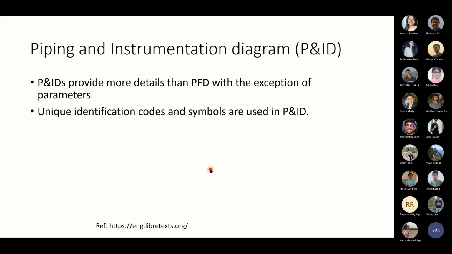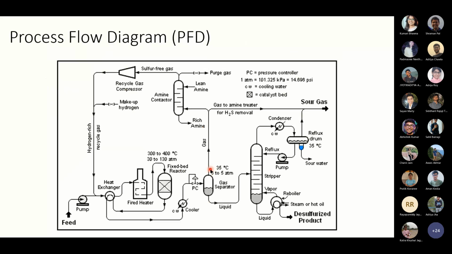And in the P&ID diagram, there is further unique identification of the codes. For example, for a packed bed absorber, for an extraction column, for an absorption column, you will see similar symbols, which I will show you later. What are the symbols for each process? We will use similar symbols.